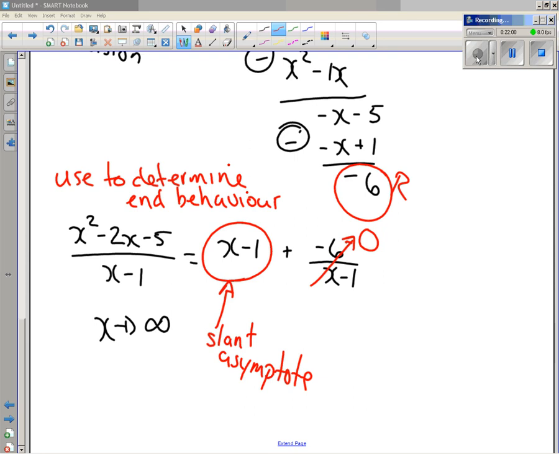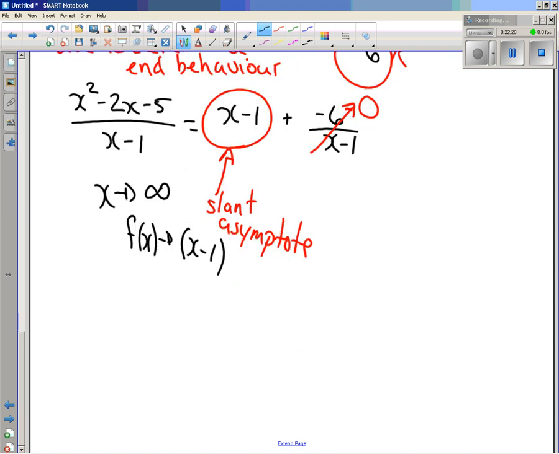Because as x gets really big, that second part of our function goes away, and our function is going to approach x minus 1. And the same thing happens when x goes really small. Our function is going to approach x minus 1. So x minus 1 is going to be our slant asymptote.